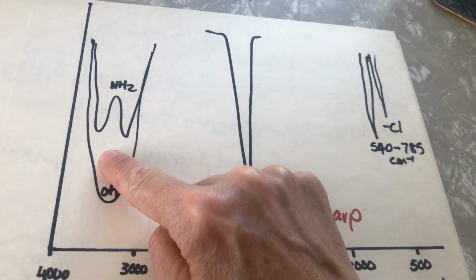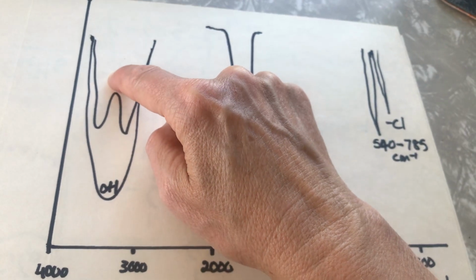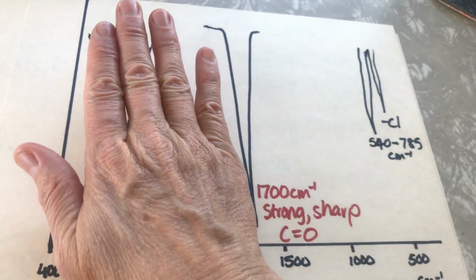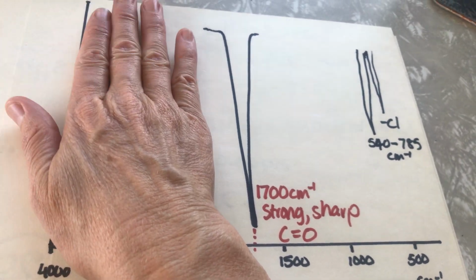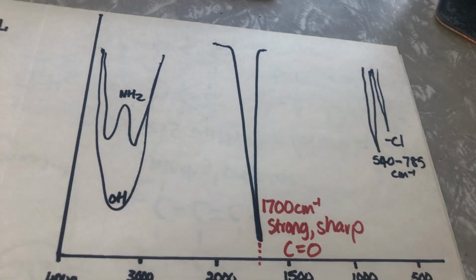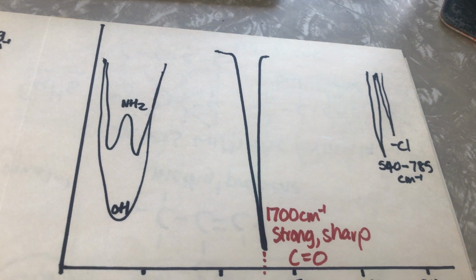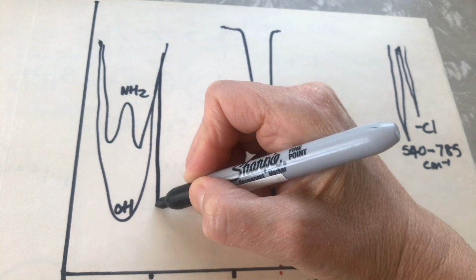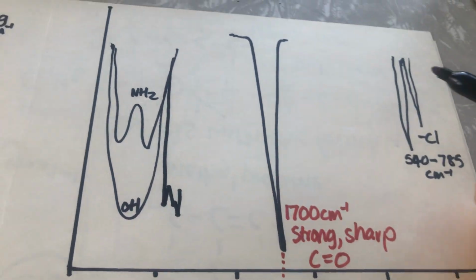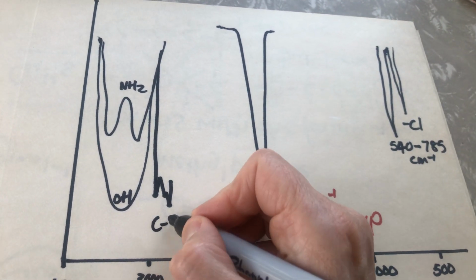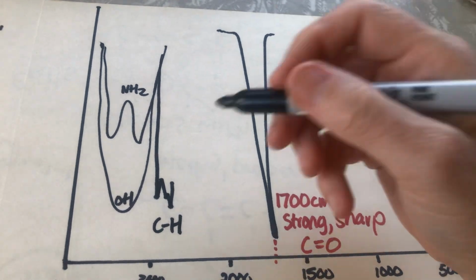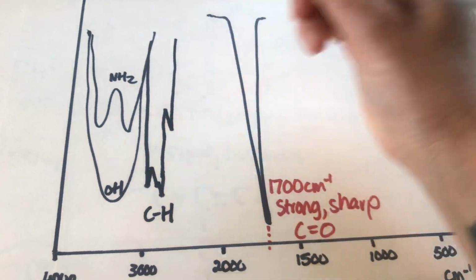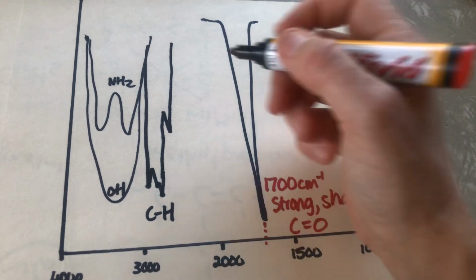We wouldn't see an OH peak, we wouldn't see an NH2 peak, we wouldn't look for a Cl peak, but we can use the absence of these two big peaks as evidence that this could be an aldehyde. The piece of evidence that we're really looking for with our aldehyde is this peak that we get for the C-H that we always get, that we don't usually talk about, which usually has a lovely little shoulder peak.